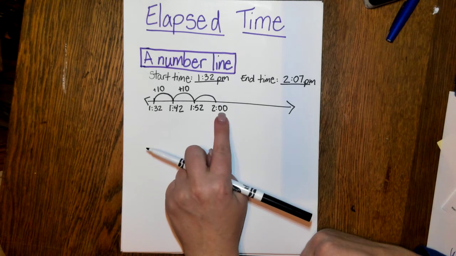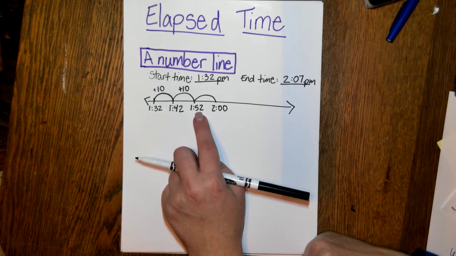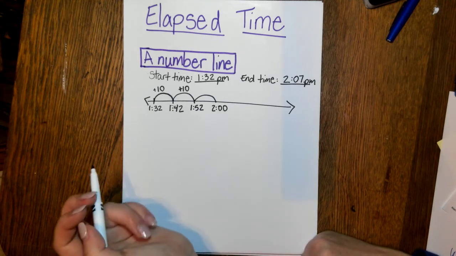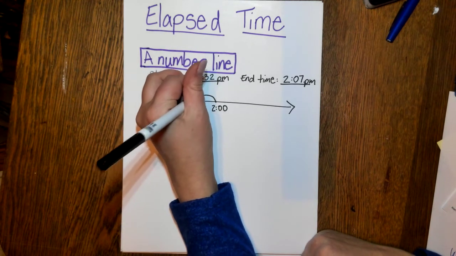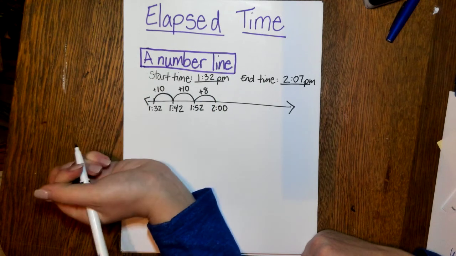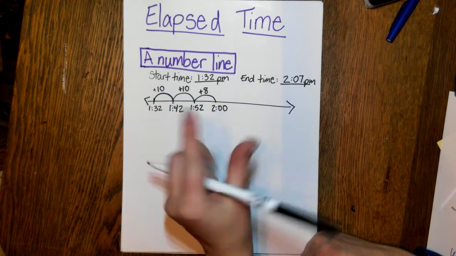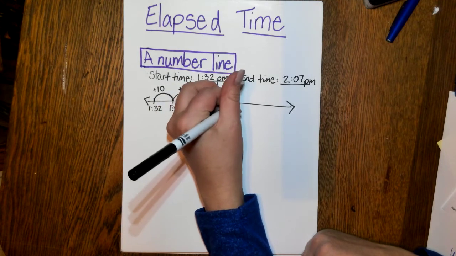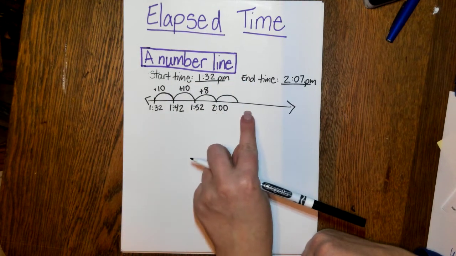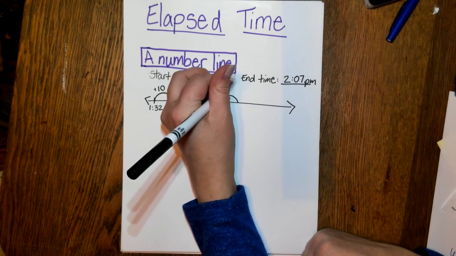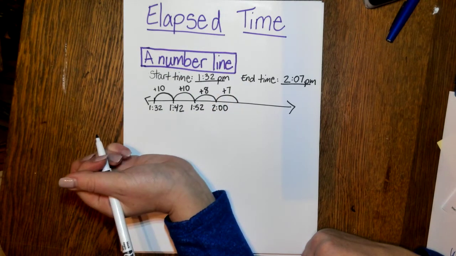Well, how many minutes passed from 1:52 to 2 o'clock? 8 minutes. Then I know that to get from 2 to 2:07, I'm going to jump 7 minutes.